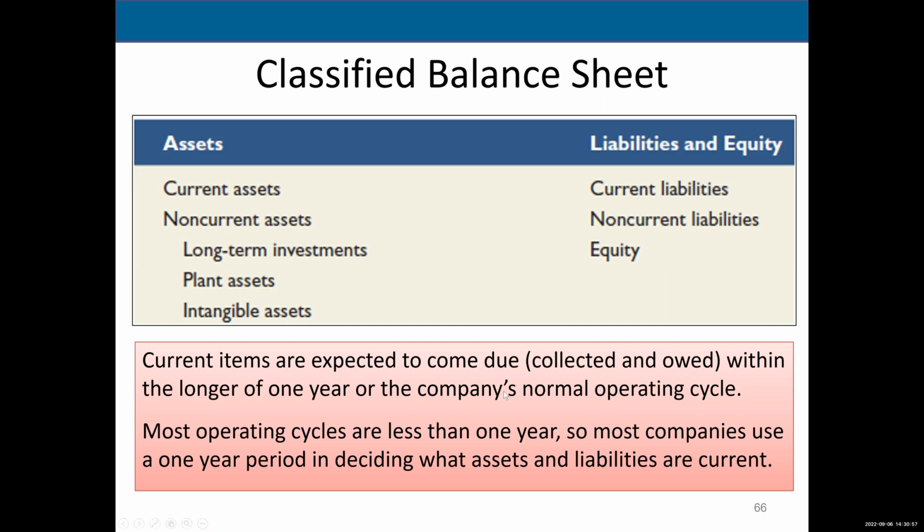I can give you an example where the operating cycle is more than a year: a high-rise building contractor, where it may take 2 or 3 years to build a high-rise building. But for our purposes, the 1 year mark is fine.